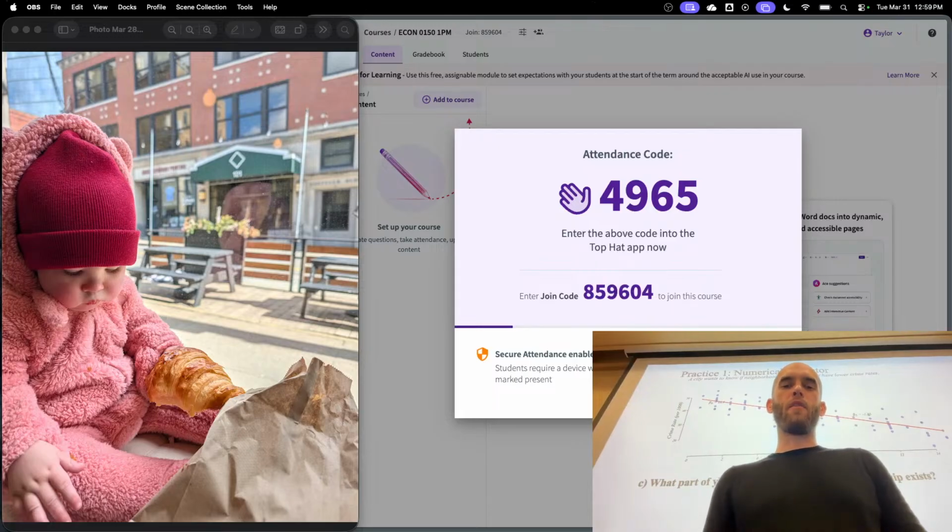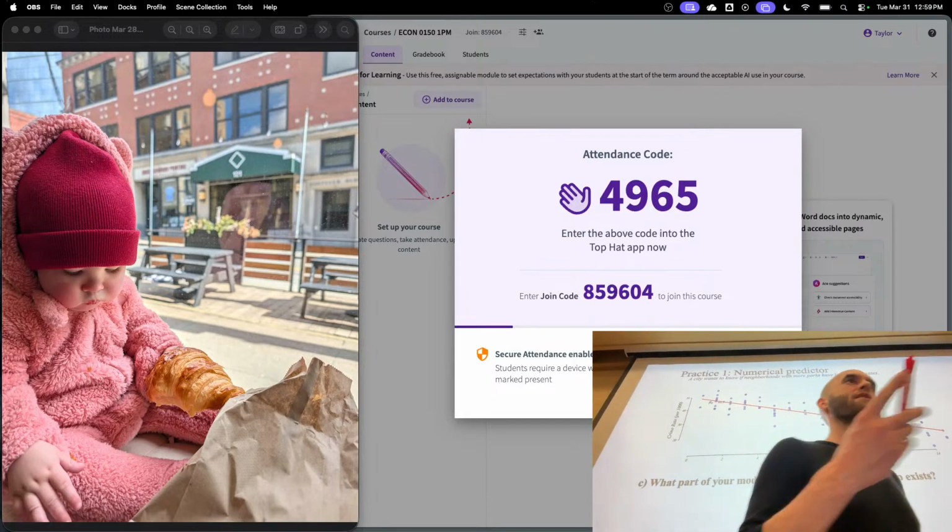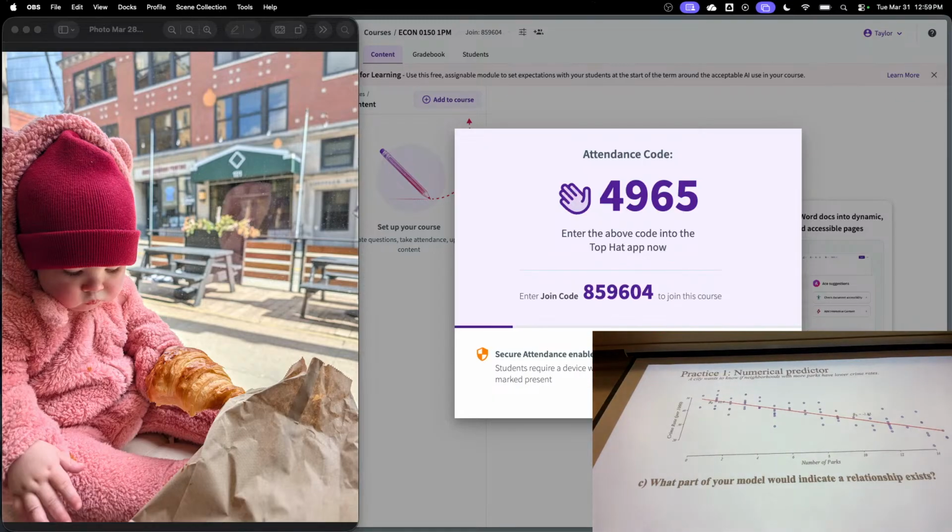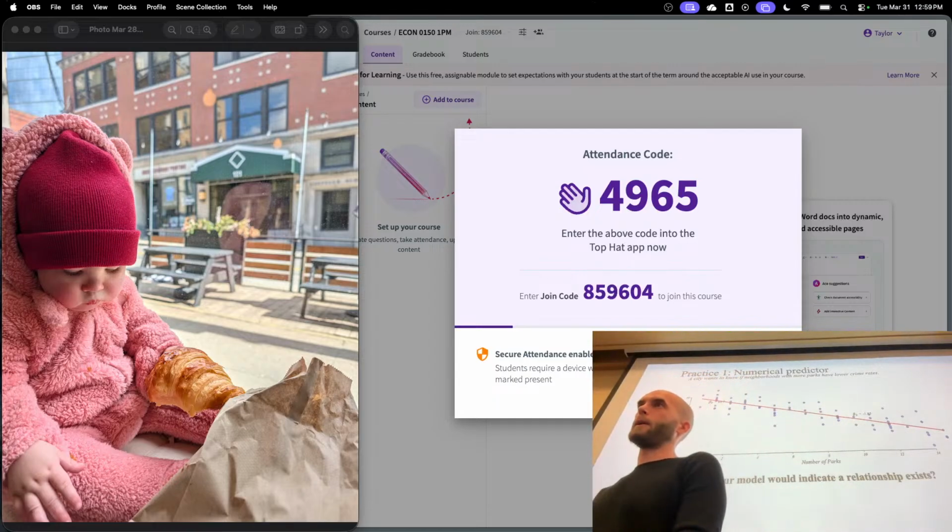What part of the model would indicate that a relationship existed? You can either use the numbers I have, or use the equation that you set up. Take about a minute here, and check with your neighbor if you want.